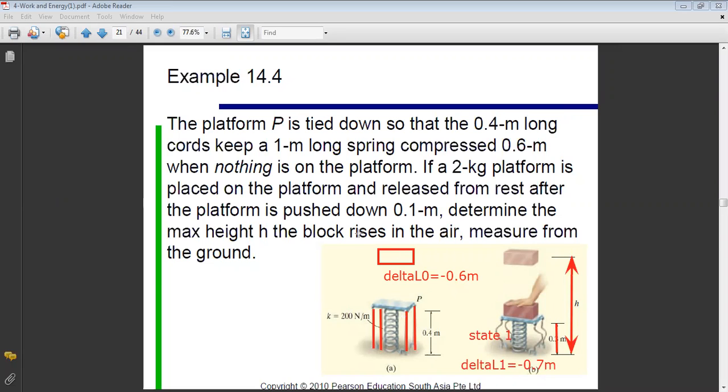At the maximum height, what is the characteristic for the block? When it reaches the maximum height, this means that its velocity here is 0. Okay, so this is state 2.